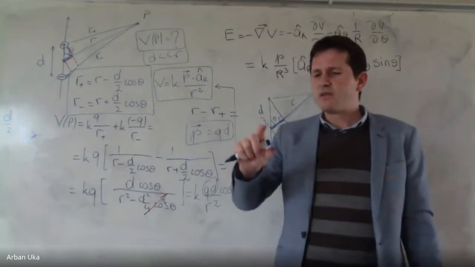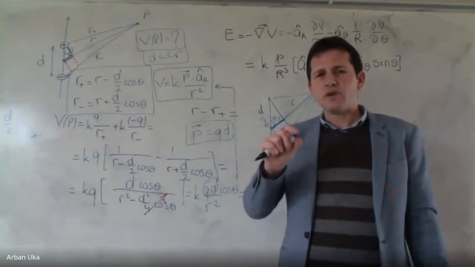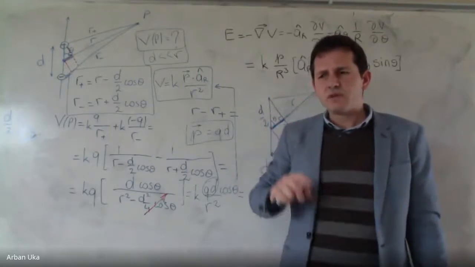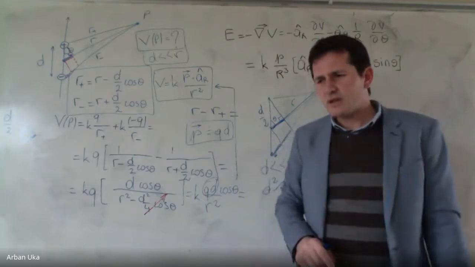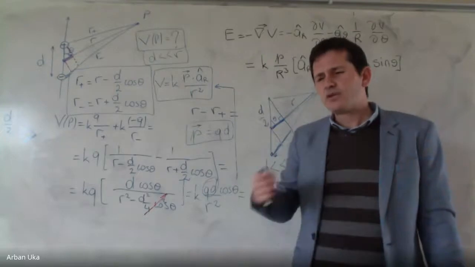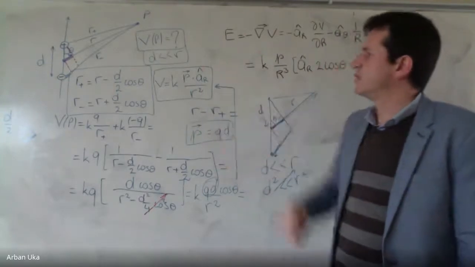But since the dipole moment is so small with respect to the distance, this is like a point source, which means we can use the spherical coordinate system, because we want to find the potential everywhere.